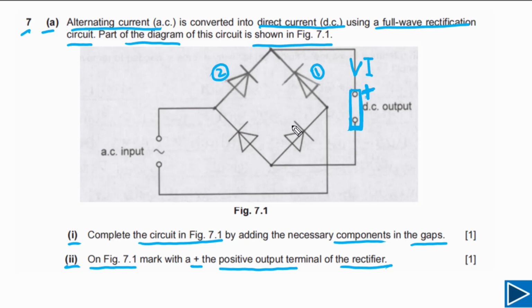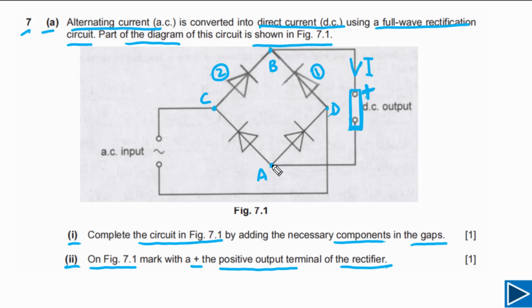Now let me explain how to complete this diagram. We will look at these points. First of all, we will look at point A, and let's say this is point B, this is point C, and this point is point D. Point A is connected with one terminal of the resistor, and B is connected with the other terminal.